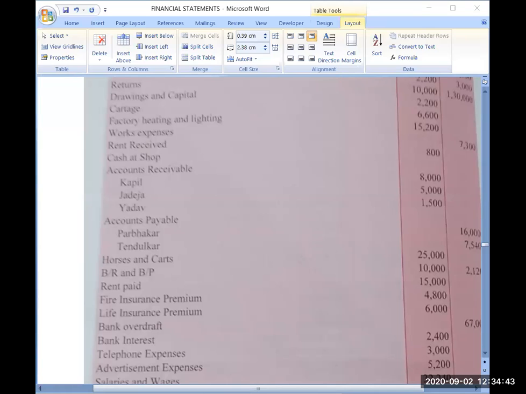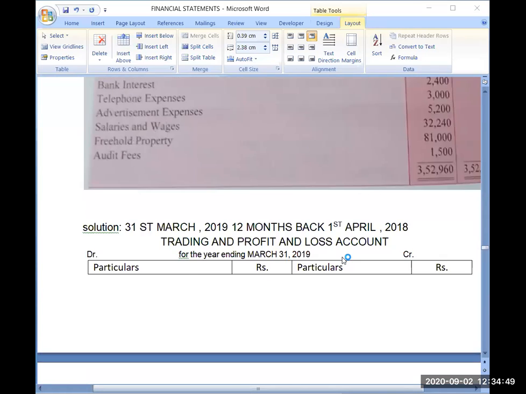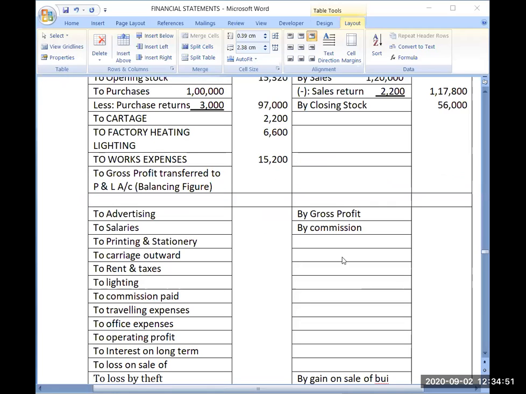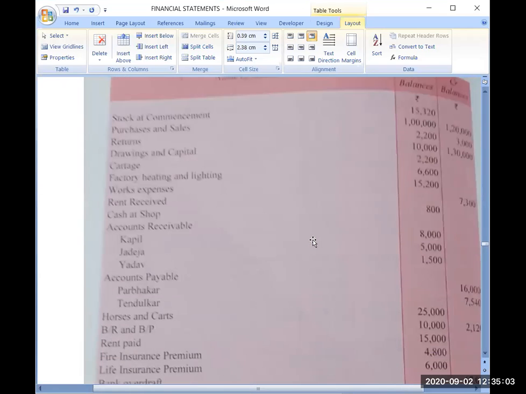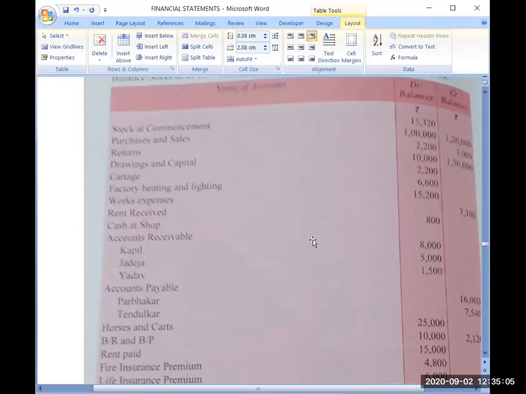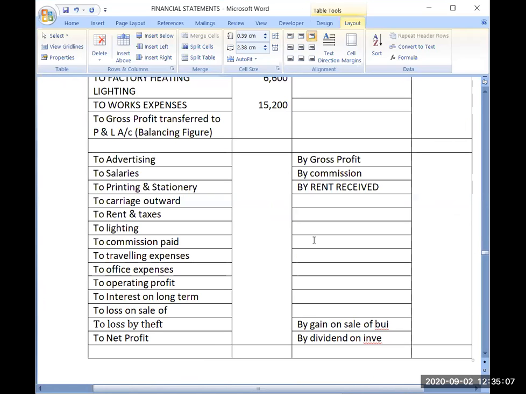Because it is an indirect income. It is having credit balance, that's why it is an income. All incomes have credit balance. It will be written here by rent received, $7,300.